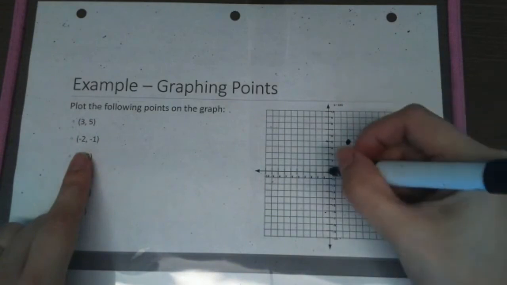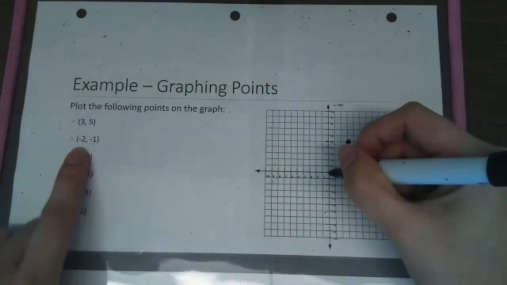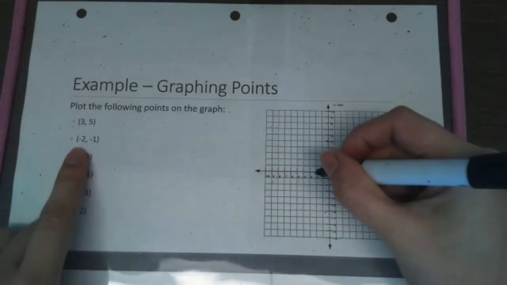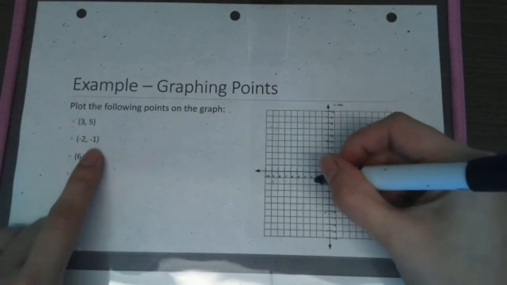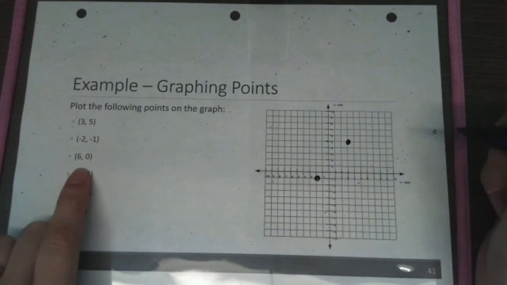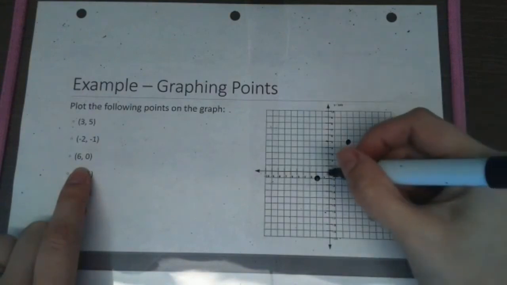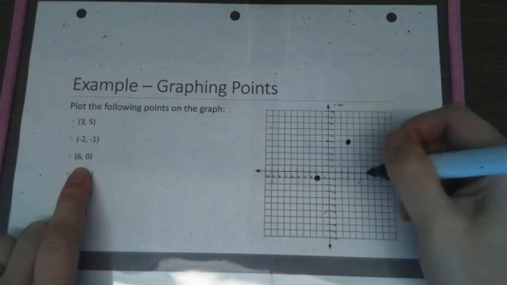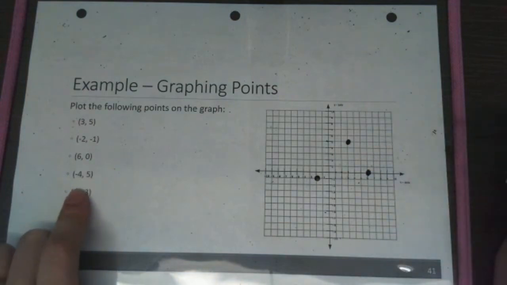Negative 2, negative 1: I start at the origin, x is negative 2, so that's 2 to the left, and y is negative 1, so I go down 1, and that's a point. 6, 0: we start at the origin and go 6 in the positive x direction, and place a point there.